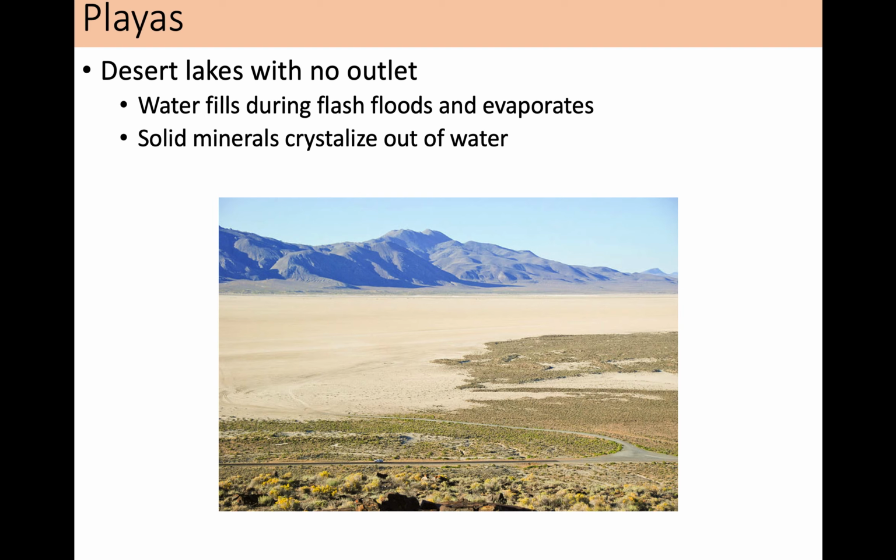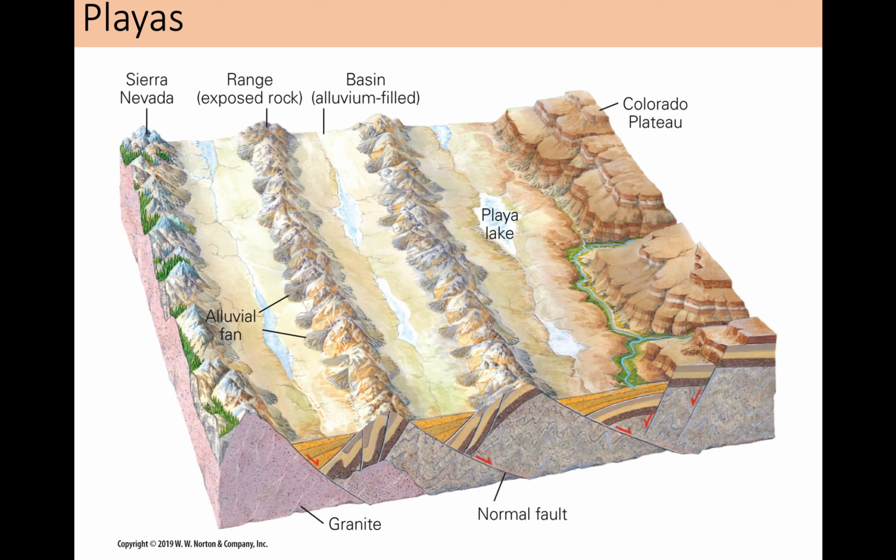So you end up with a lot of minerals, generally salt, in these playas, because for most of the year they're dried up. You'll have a salt bed in the middle of your desert. That means that is a playa, the area that fills with water and then evaporates once the flood is over. Here's an example. It's white because it's showing you the salt bed left over there.